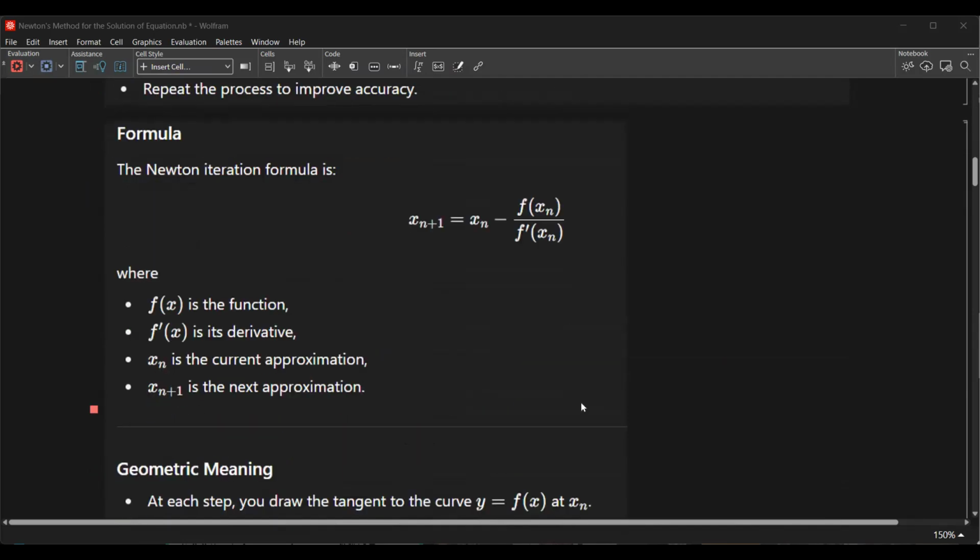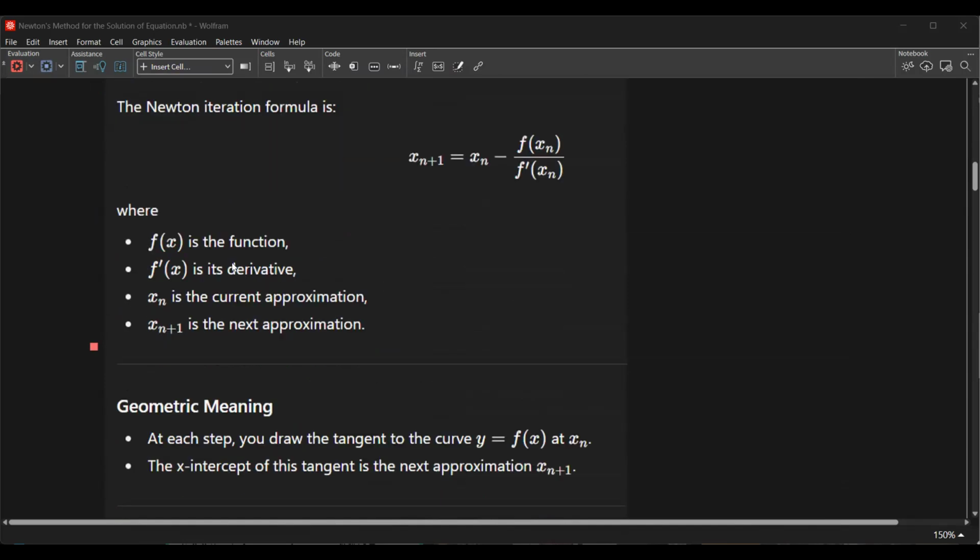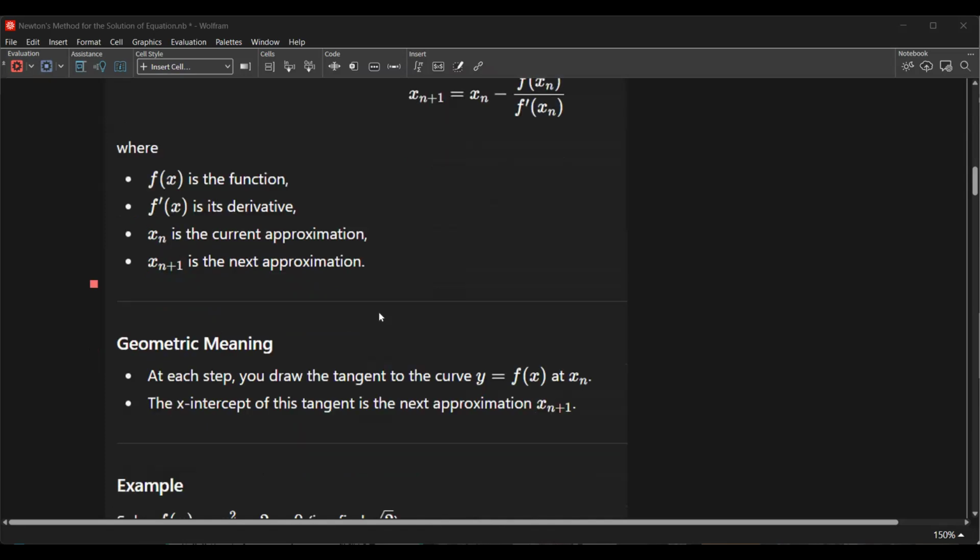So the formula to be used is x sub n plus 1 is equal to x sub n minus f of x over f prime of x sub n, where f of x is the function, f prime of x is its derivative, x sub n is the current approximation, and x sub n plus 1 is the next approximation.